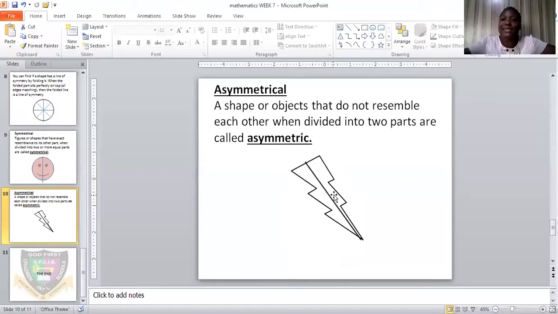Then the 2 parts are not divided equally. If the 2 parts are not divided equally, then it is called asymmetric objects. But if the 2 parts are divided equally, that the 2 parts can resemble each other perfectly, then it is called symmetric objects.